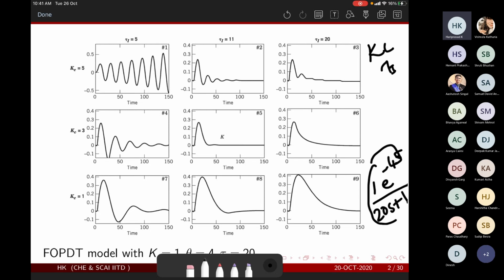So Kc equal to 5, tau I equal to 5: oscillatory, in fact unstable. Kc equal to 5, tau I equal to 11: again stable but bumpy ride. Performance is not really nice. Kc equal to 5, tau I equal to 20: slightly oscillatory, but still not great performance. Here it is stable but bumpy ride.